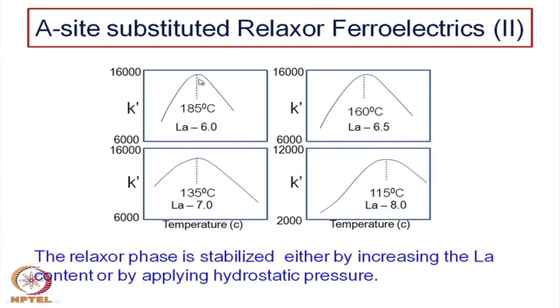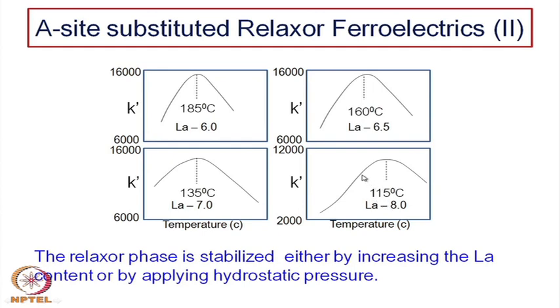This peak is about 185 degree centigrade, and you can see a slightly narrower peak, whereas the broadness of the peak increases as we increase the lanthanum content from 6% to about 8%. And not only that, the peak temperature also shifts from 185 to 160 and then 135, and finally with 8 atom percent it shifts to over 115 degrees centigrade.